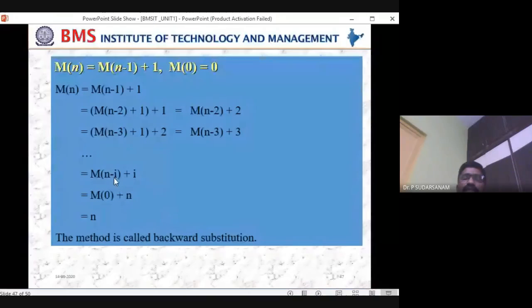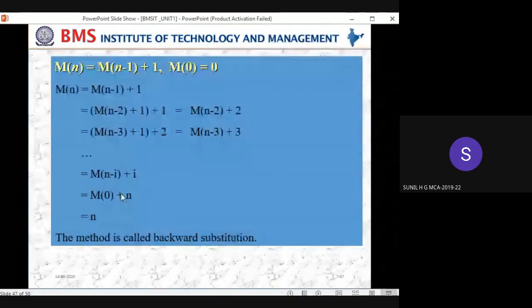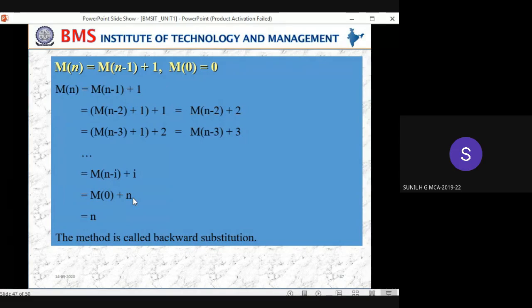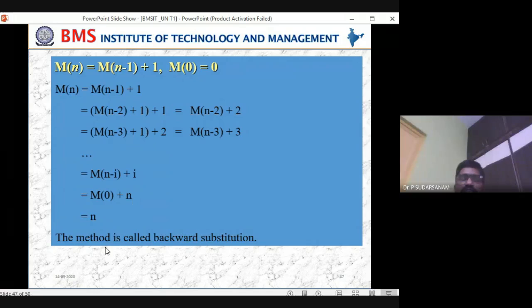So n minus n is zero. So m of 0 plus n. M of 0 is equal to the initial value you have taken, 0. So 0 plus n, n. That's all. This is called the backward direction.